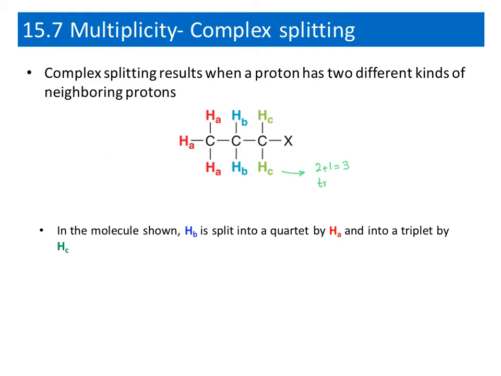So it's a triplet here. Okay. Now for Ha, this hydrogen is connected to this carbon. On a neighboring carbon, again, we have 2 protons. So 2 plus 1, again, gives us a triplet for Ha.